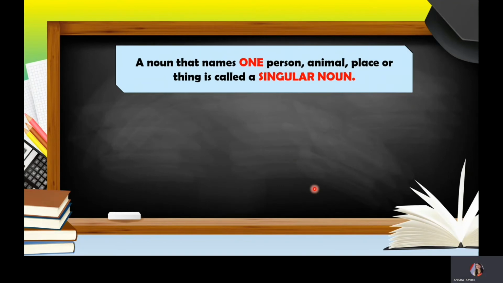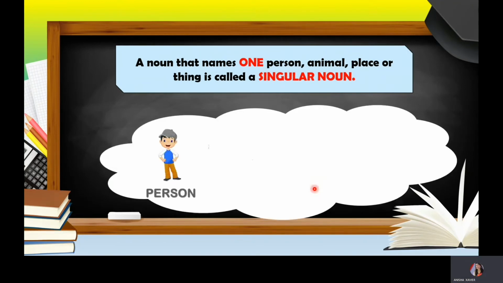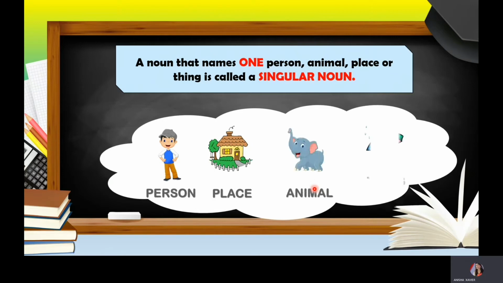A noun that names one person, animal, place or thing is called a singular noun. Here you can see there is one person, one house, one animal and one thing. These are known as singular nouns.